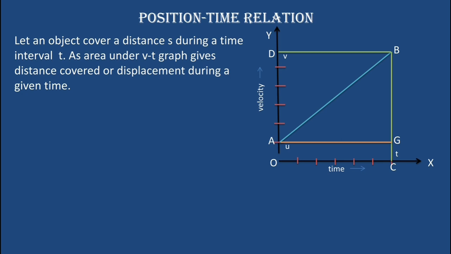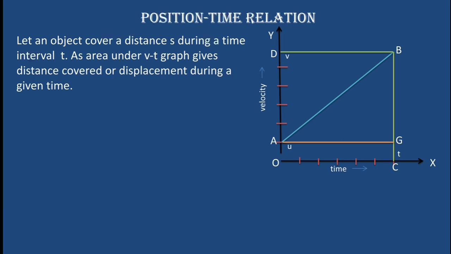Now let us see the area. So we have to consider the area of rectangle OAGC plus the area of triangle AGB. These two total areas give us the magnitude of displacement.